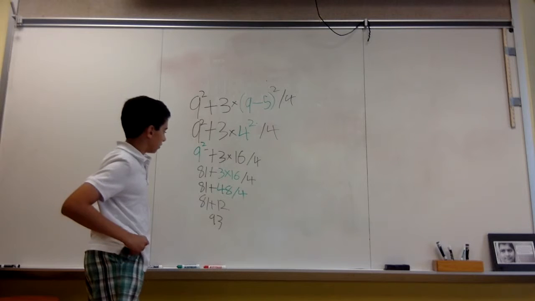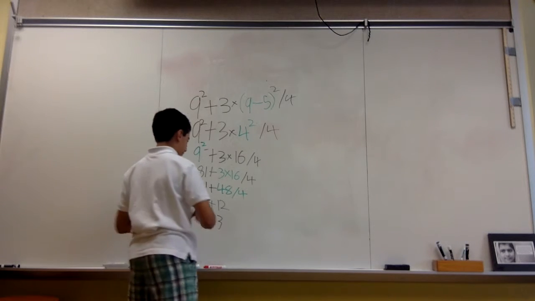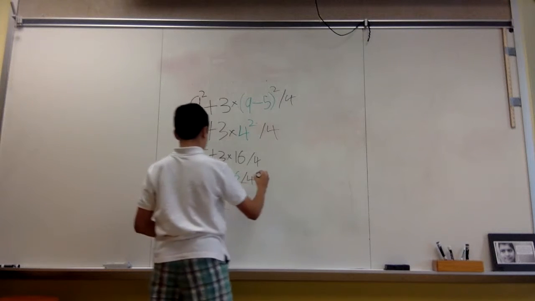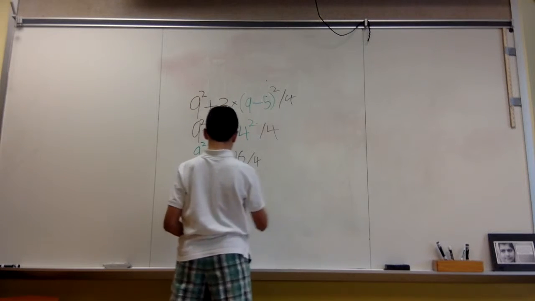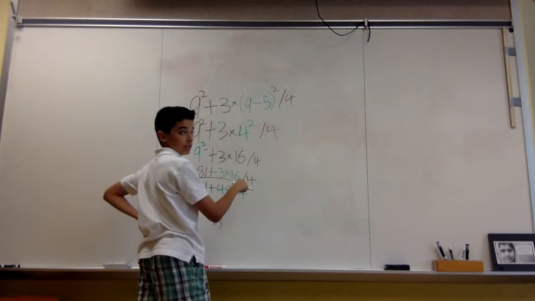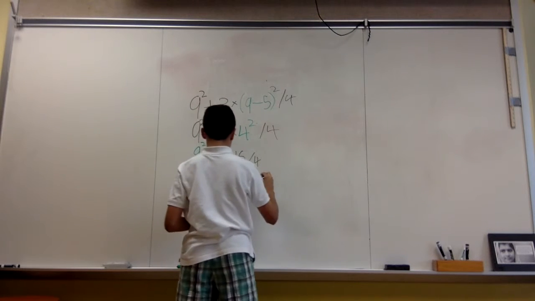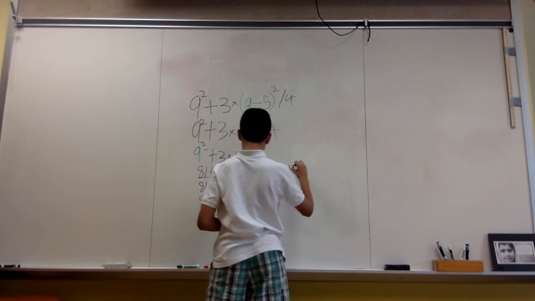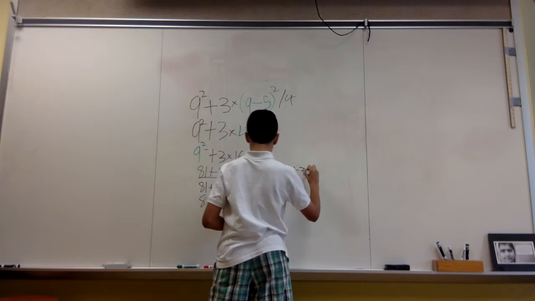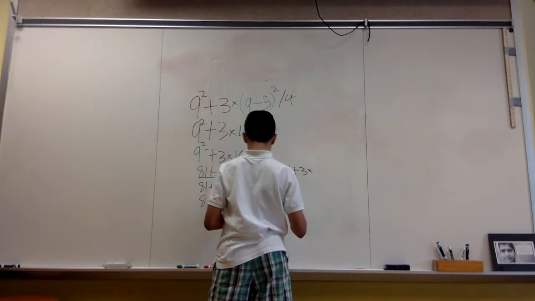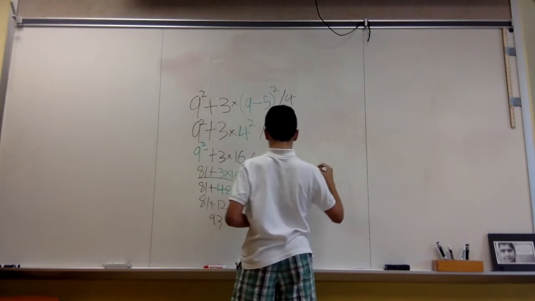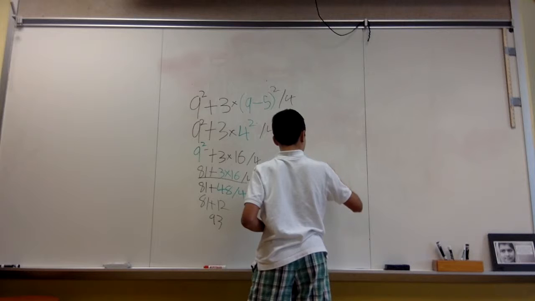What you could have also done is, so let's say we were still at this step right here. We could have done, instead of 3 times 16, 16 divided by 4. So we would have 81 plus 3 times 16 divided by 4.